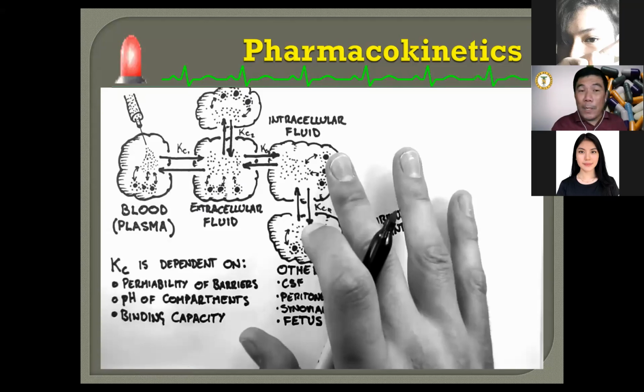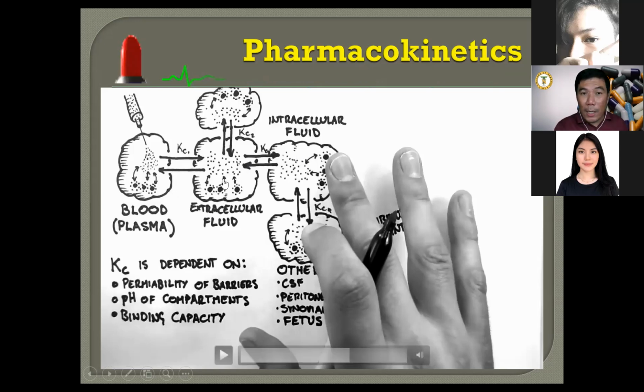So if there will be premature breakdown already of the property of the drug because of too much sodium, because of too much positively charged, do you think it will delay anymore, or it may lower the level of the drug property that will be distributed to other fluids, or possibly it will be decreasing already the concentration on this level and lesser concentration na ang ma-distribute sa body? Yes or no?